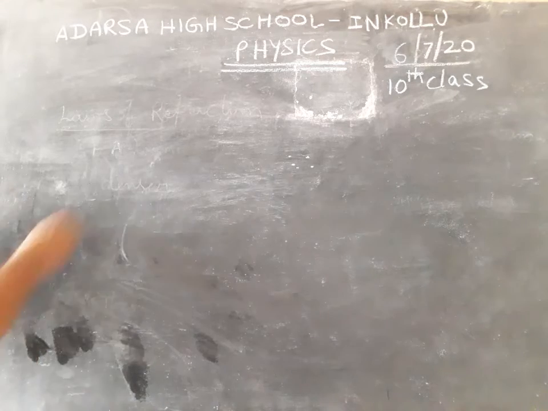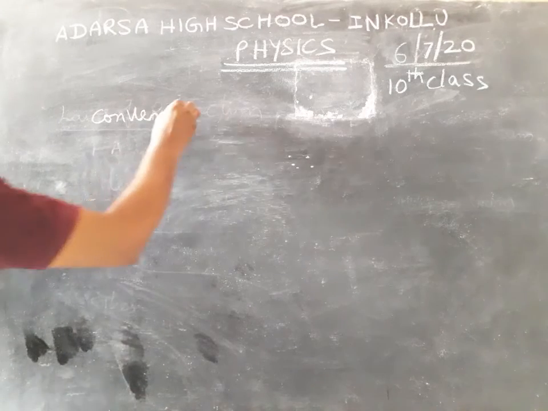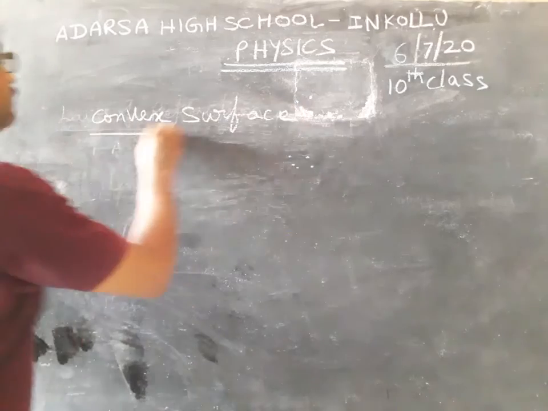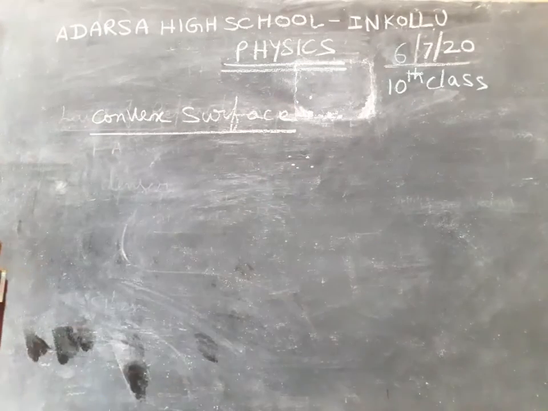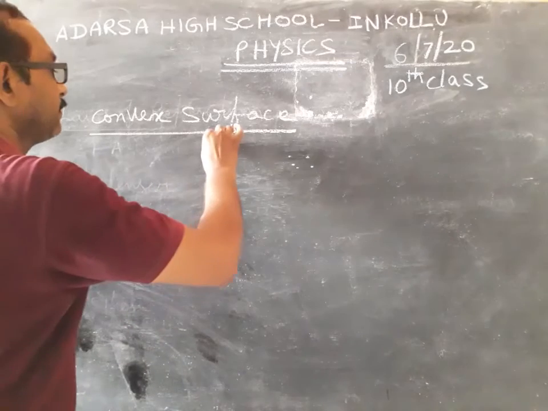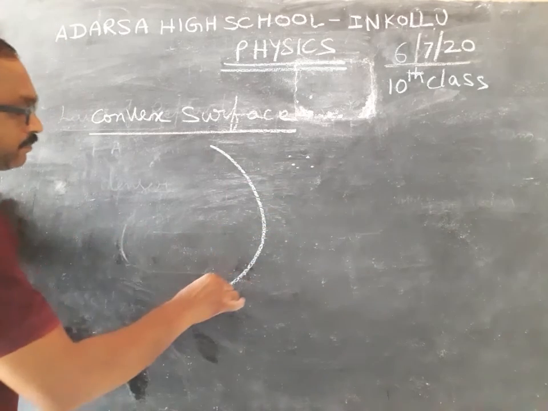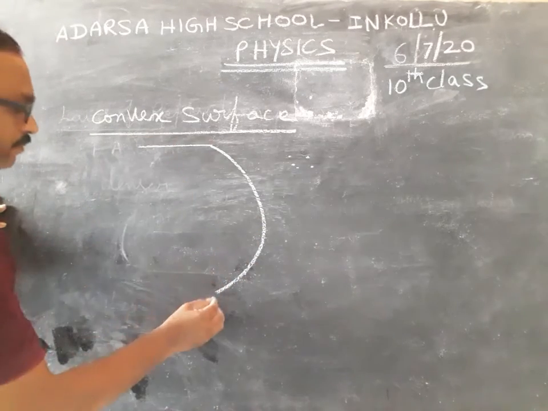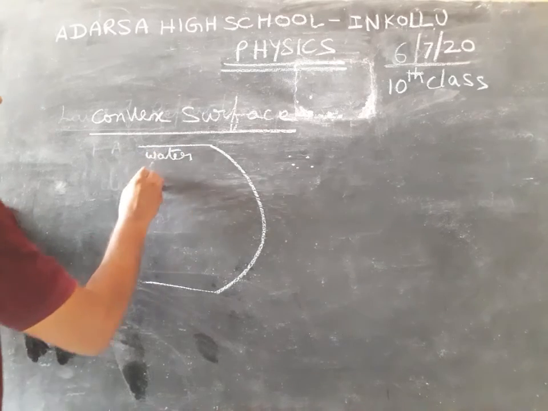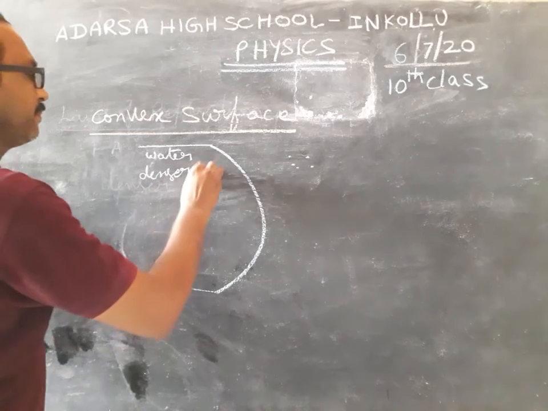Now, convex surface. Convex surface means bulged surface. Here, look at the board. This is water, means denser medium.